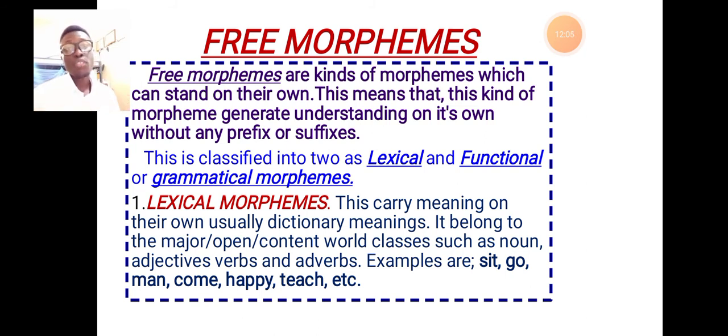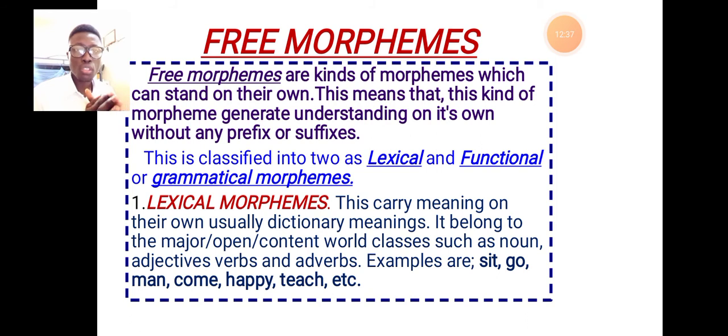The free morpheme has two children: one is called lexical, the other is functional or grammatical morpheme. The lexical morpheme portrays the character of its mother, the free morpheme. They generate or carry meaning on their own. They carry mostly dictionary meanings.